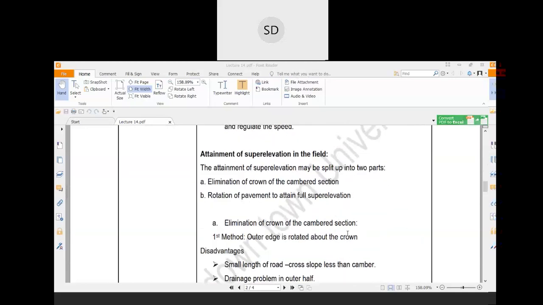Now let us discuss the attainment of the super elevation in the field, that is, how you will provide the super elevation in the field. There are different methods to provide the super elevation. The first thing is elimination of the crown of the camber section. Elimination of the crown means, let me draw this.